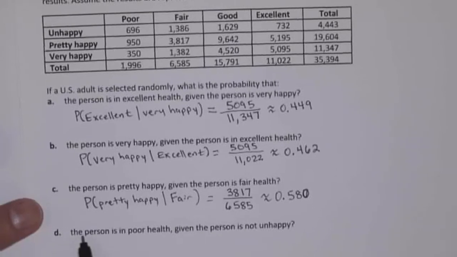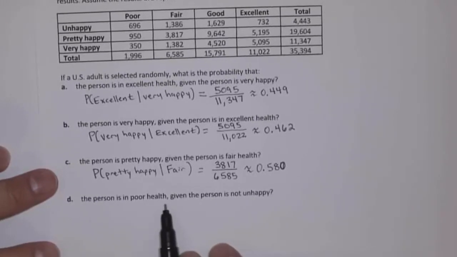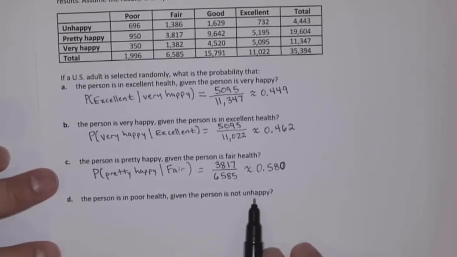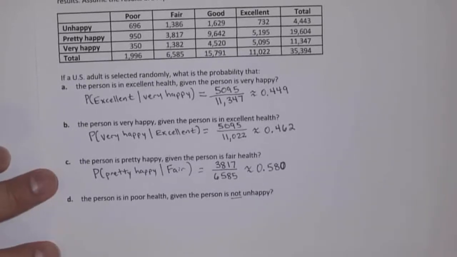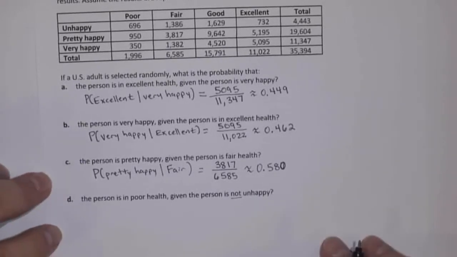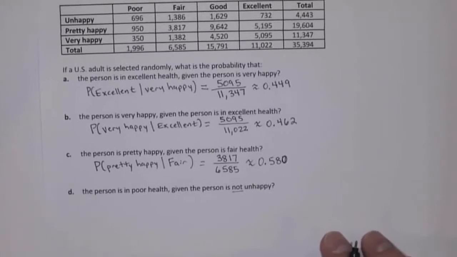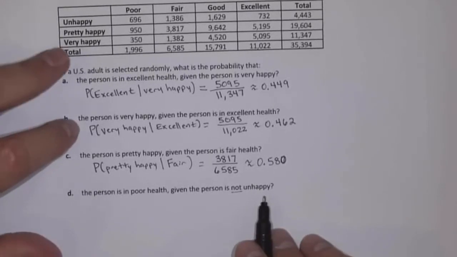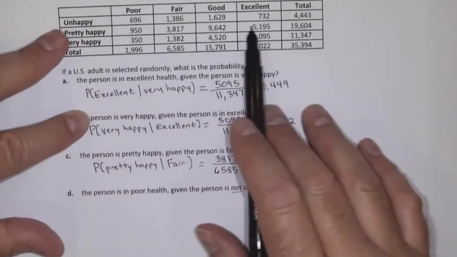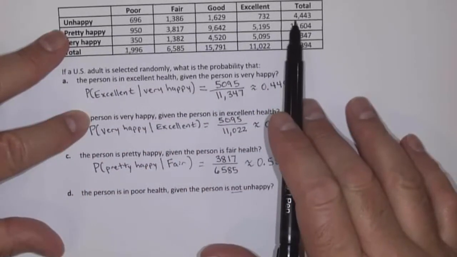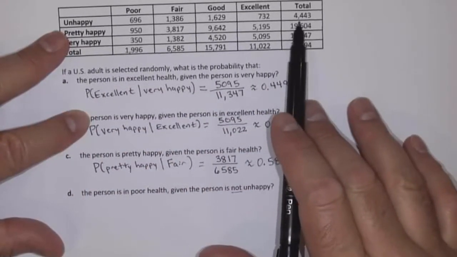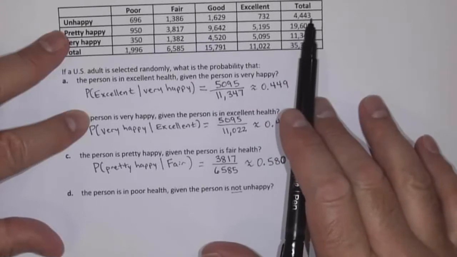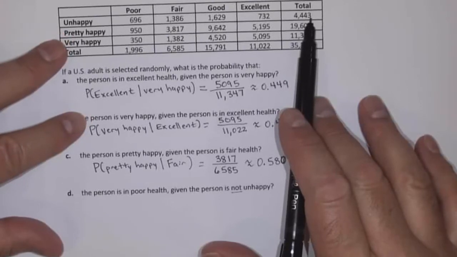Question D. We want to know the probability the person is in poor health given the person is not unhappy. Now this one's a little trickier because we're given a complement. We're not unhappy. So if we look up here in our data, there's 4,443 individuals who are unhappy, but we want not that. We want them to not be unhappy.